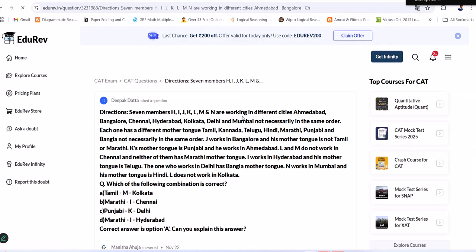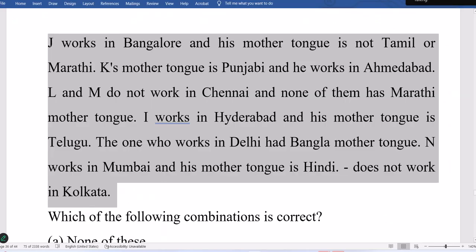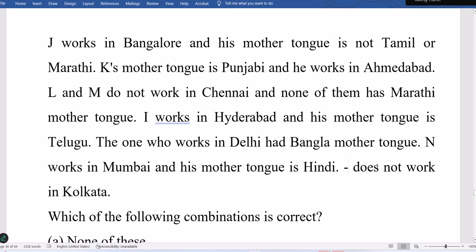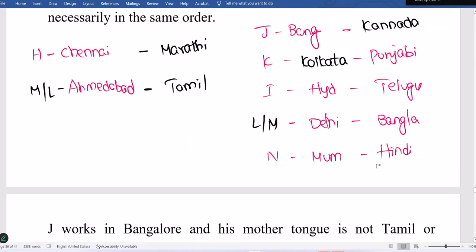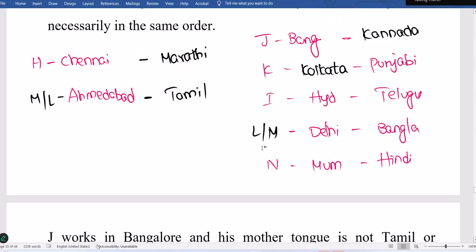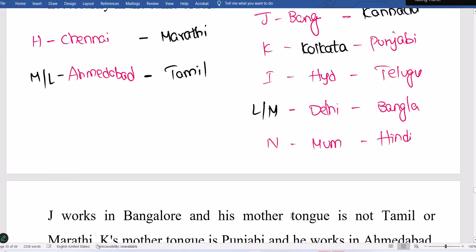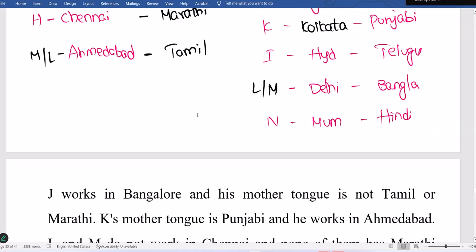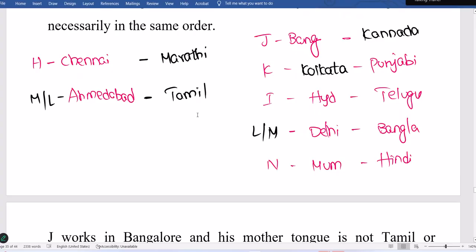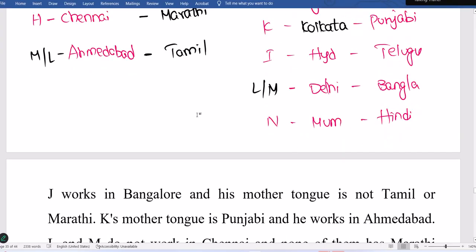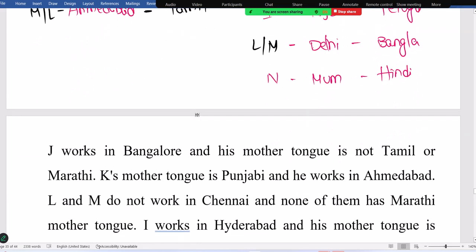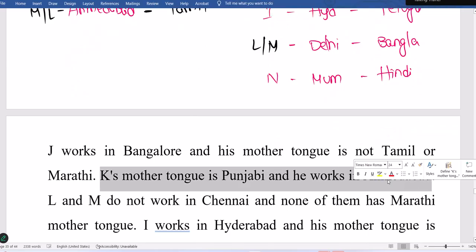Yeah, L does not work in Kolkata. This is actually L. L does not work in Kolkata. Fine. Now let's check once. J works in Bangalore and his mother tongue is not Tamil or Marathi. K's mother tongue is Punjabi and he works in Ahmedabad. Okay, see, this is the problem. I missed that line.